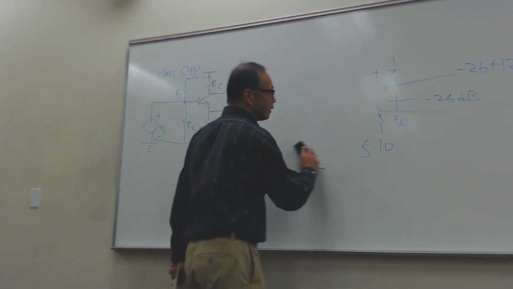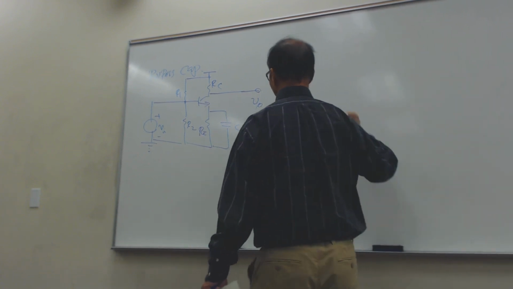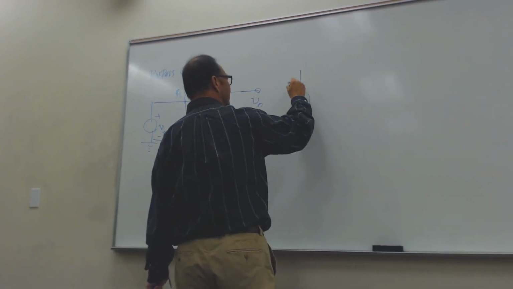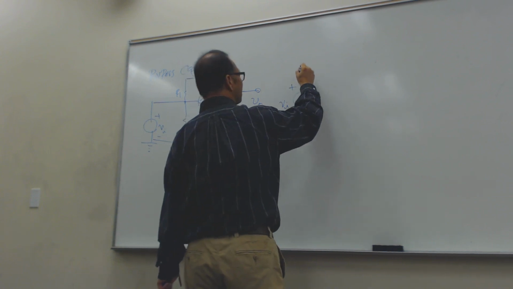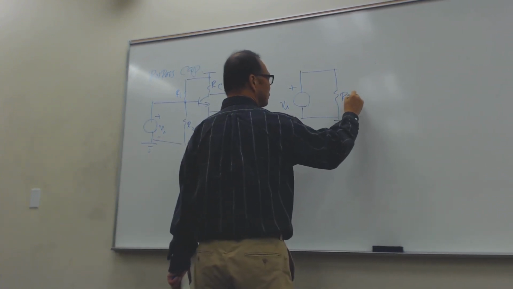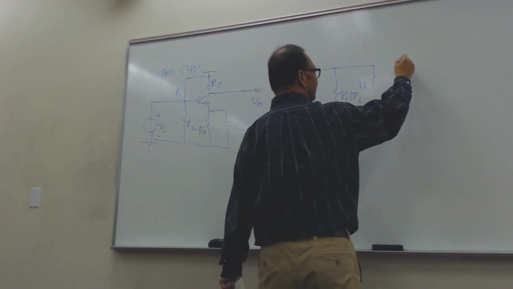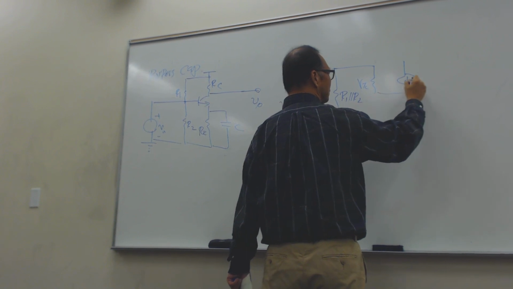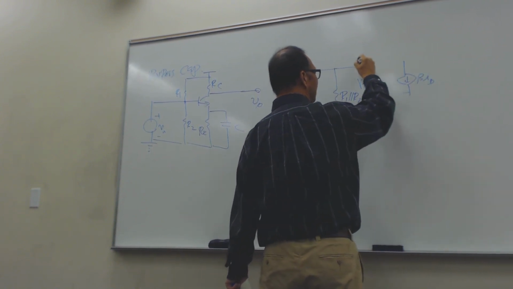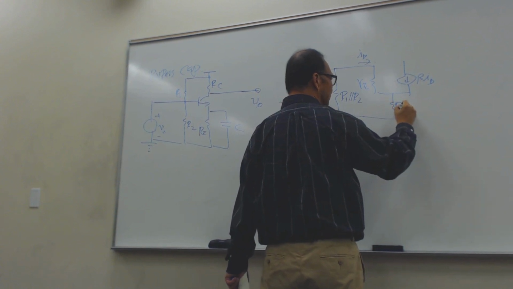So we go to the AC analysis, right? So this is what you have. R sub pi, yes. Beta I sub B, I sub B, right? R sub E, yes.